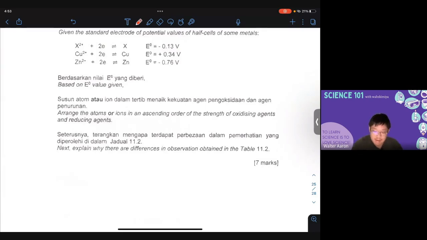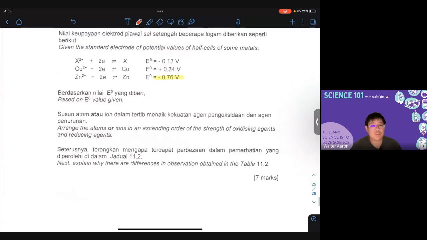The more negative the value, the higher the tendency of it to become a reducing agent. And the more positive the value, the higher the chance of becoming an oxidizing agent instead. So how do we arrange this? Very simple. You can arrange them in ascending order. So you can put Cu, X, and zinc in terms of increasing strength of reducing agent.